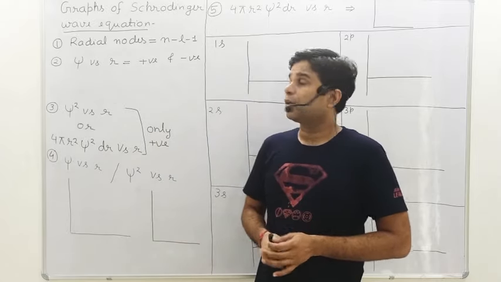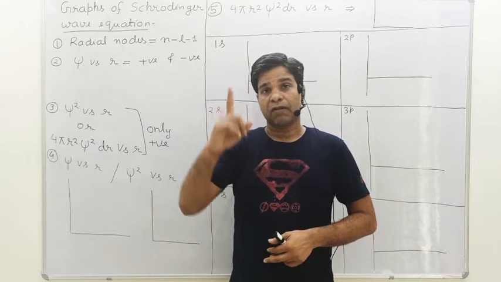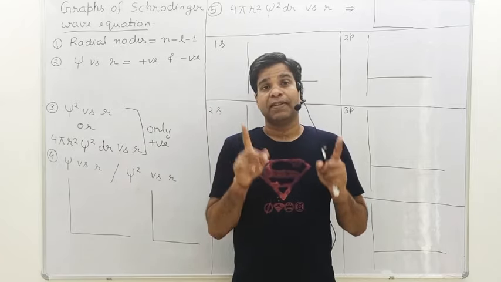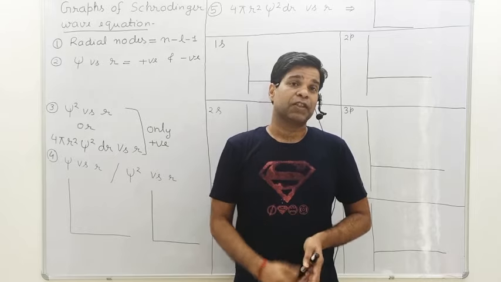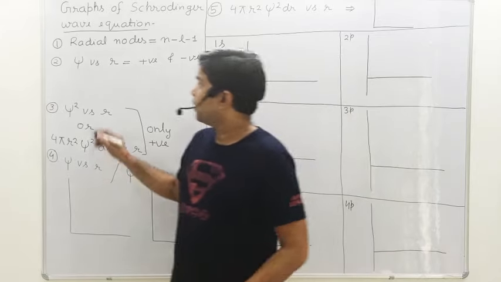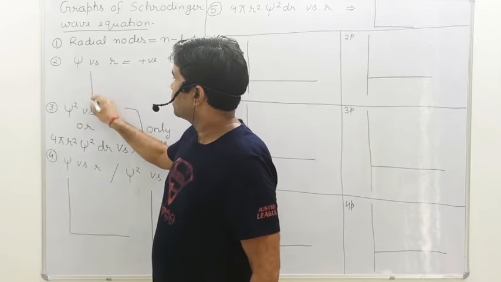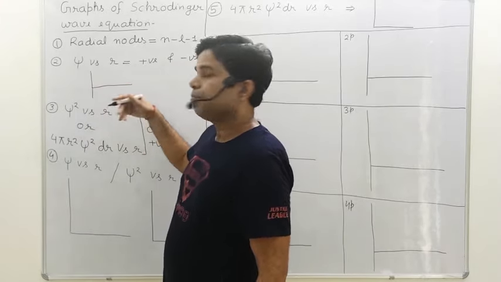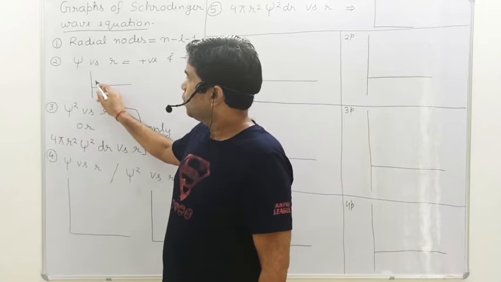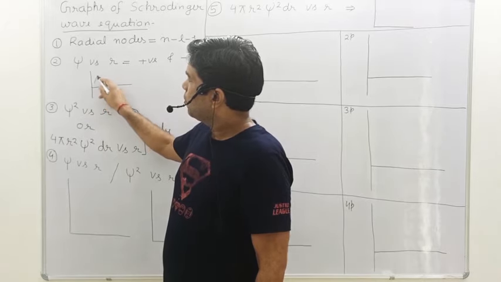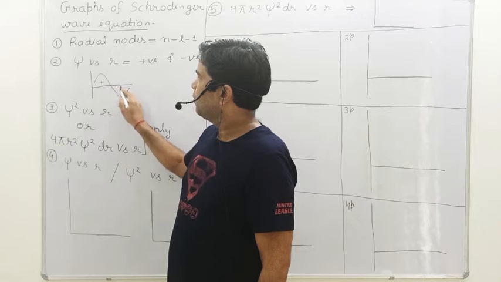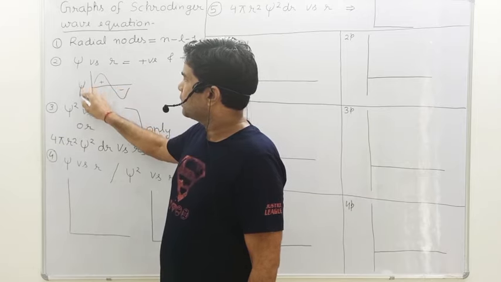Second thing you need to remember: if you want to draw the graph of psi versus r, then you should remember that psi is the amplitude of the electron wave function. That can be positive also, that can be negative also. So whenever we draw the graph of psi versus r, maybe for the s orbital, maybe for the p orbital, you have to draw this graph on the positive side also, and on the negative side also, because psi is the amplitude.